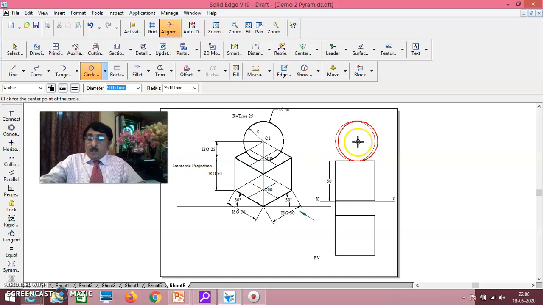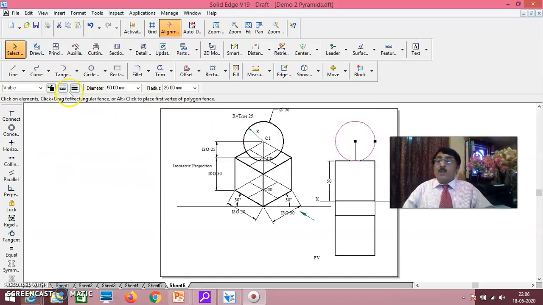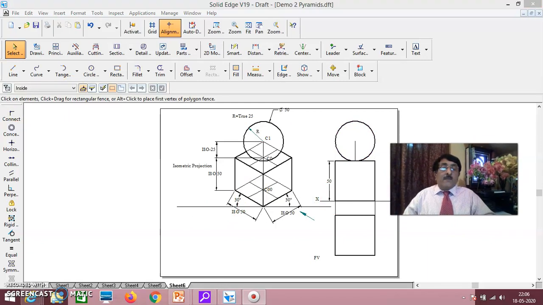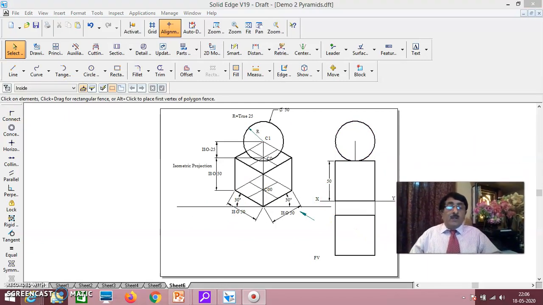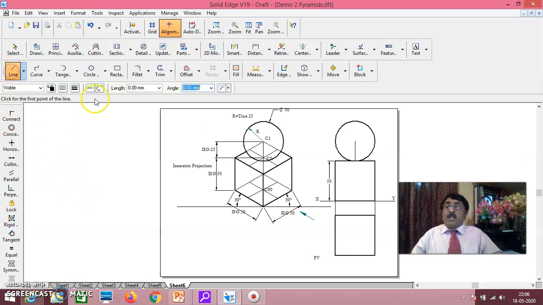This will be the front view of this. Then, as you know, your top view will also be a circle for this. Again go here, make it light, and from here you take a projector.